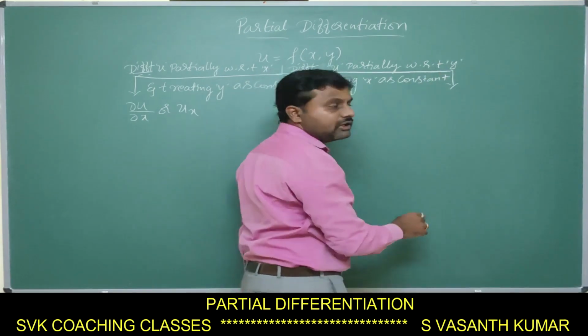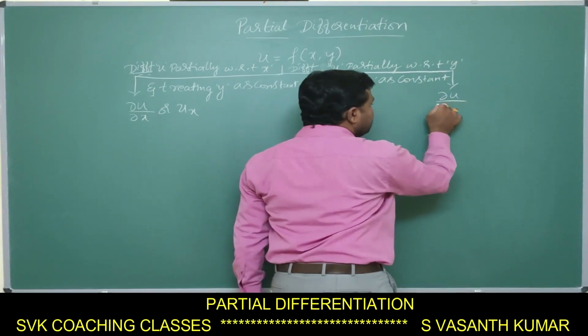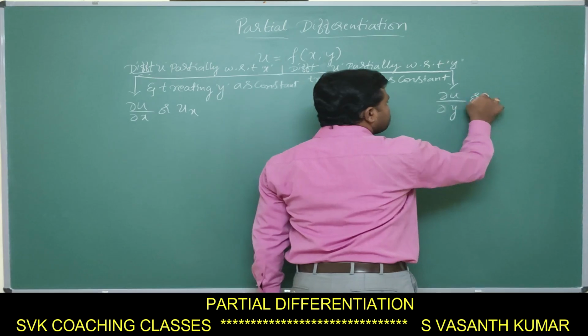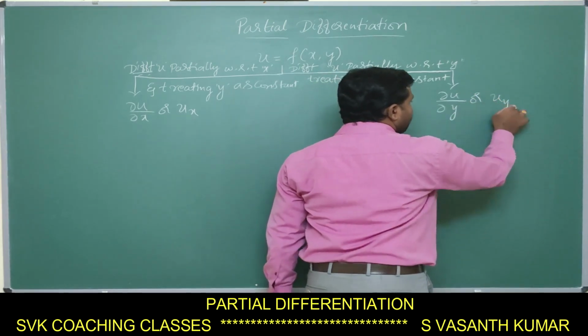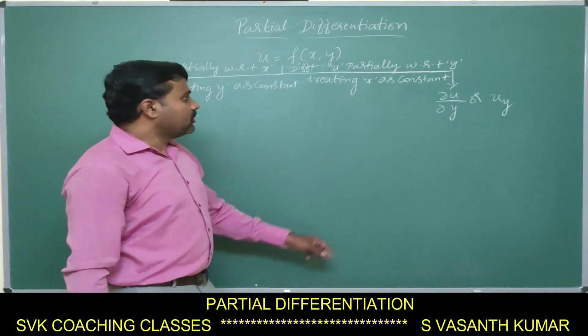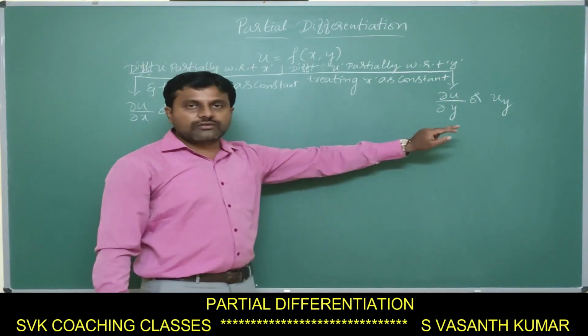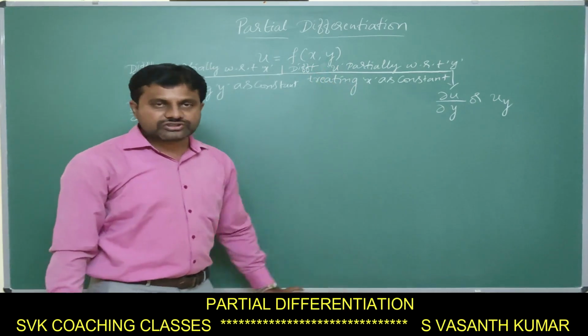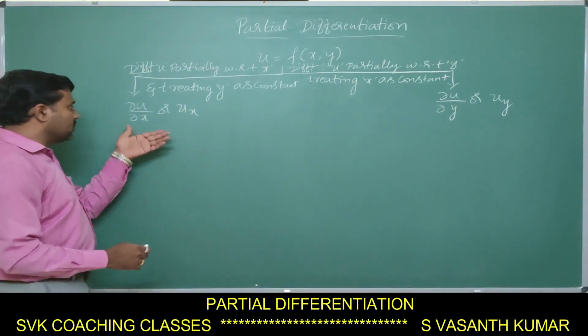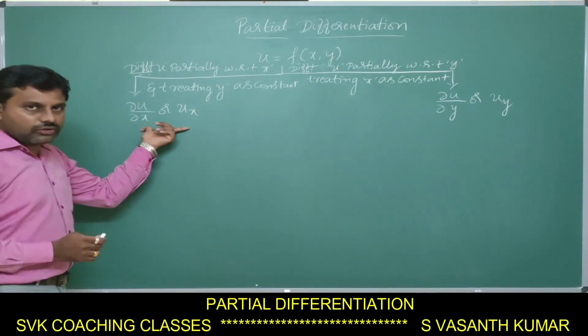What we get is del u by del y, or it is also denoted by uy. This is the notation of the partial derivative of u with respect to y, del u by del y, treating x as constant. This is called the first order derivative.